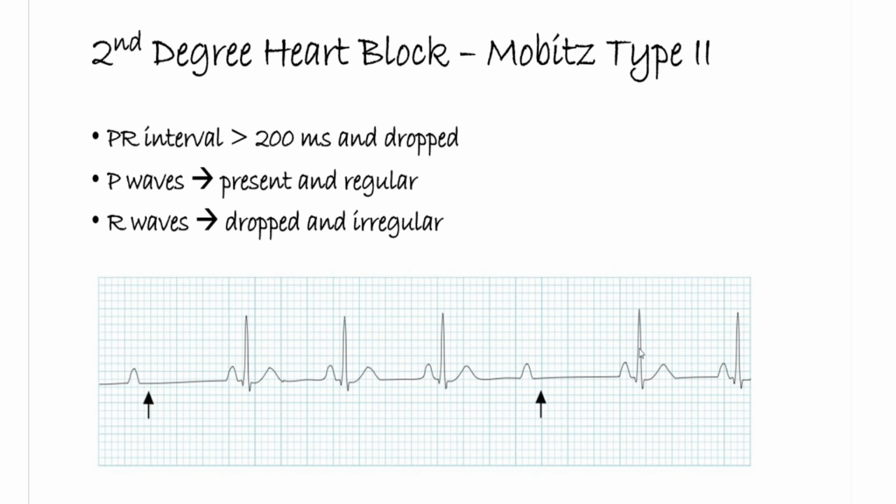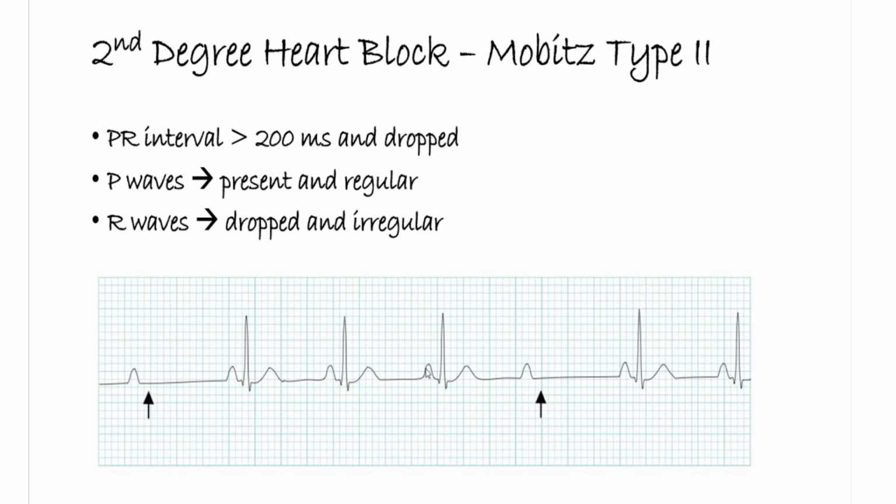So P waves are regular, but in the QRS pattern, the RR interval here will be much longer than this RR interval. So the RR interval is not regular, because you have a dropped QRS wave. Whereas in this P wave pattern, P to P is regular here.